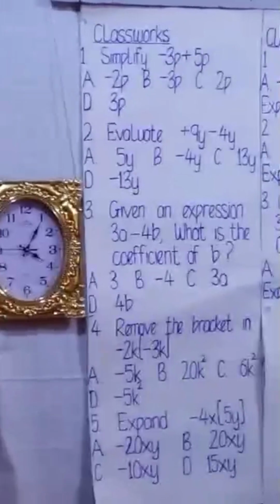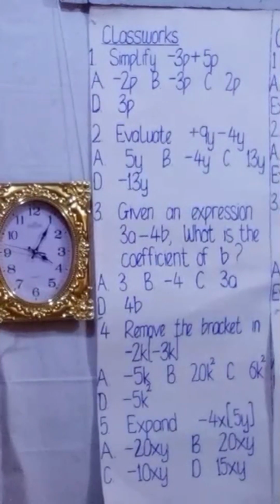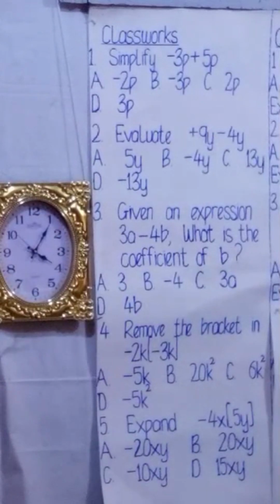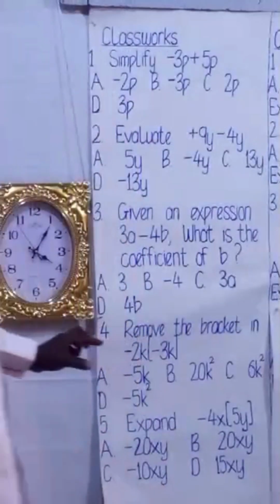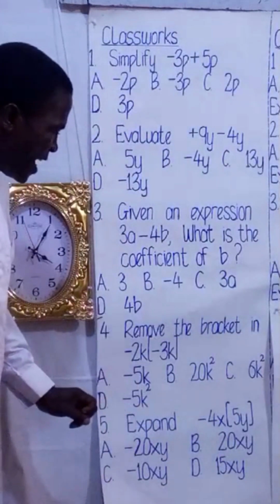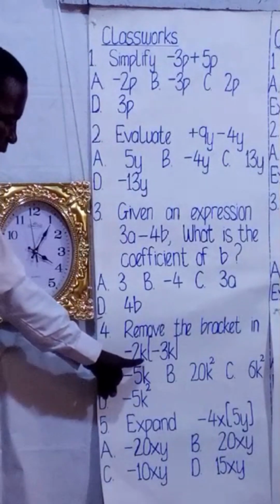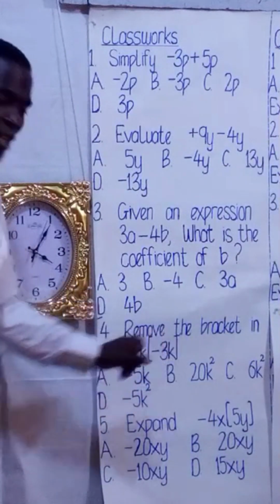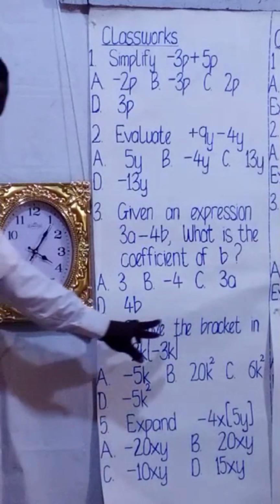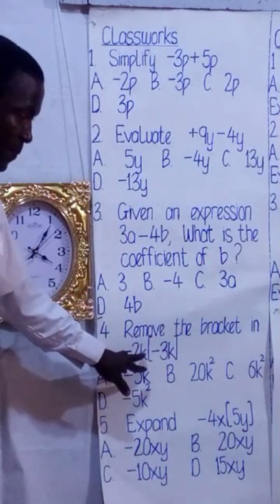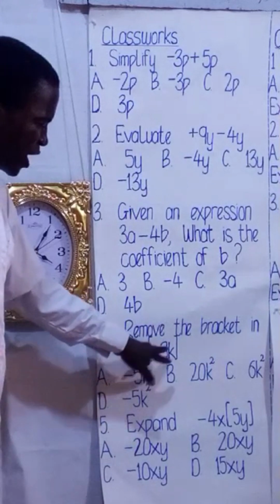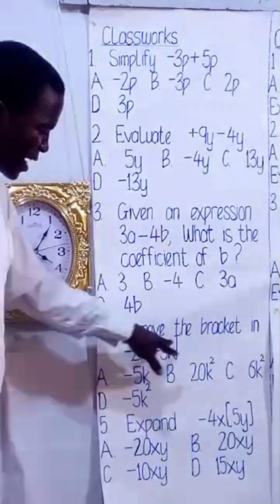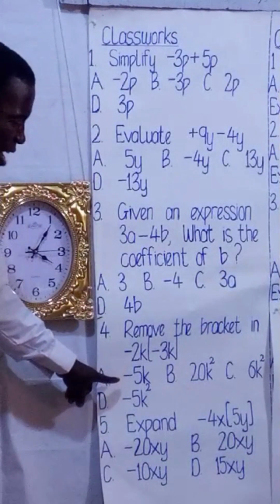Let's quickly go into activity 4. That is question 4. We are going to solve this one too within 1 minute. Question 4 says, remove the brackets in minus 2k into bracket minus 3k. Here are the options.